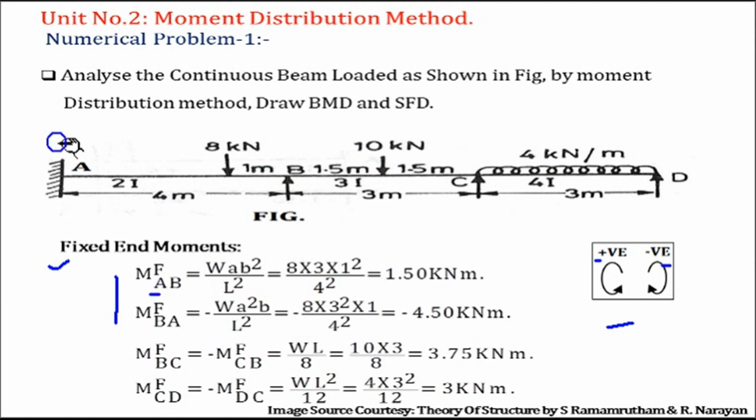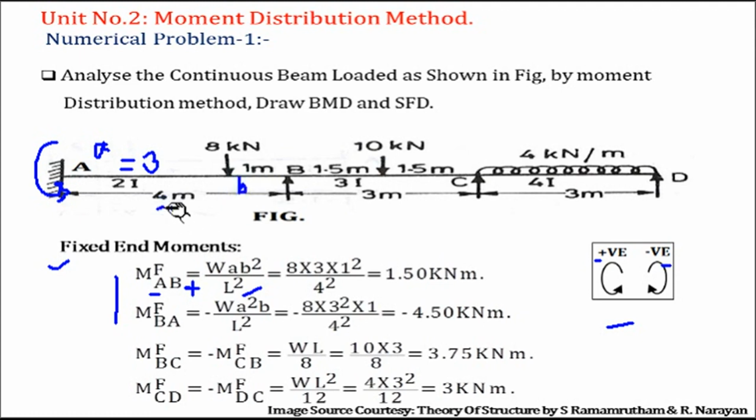So fixed end moment at A is in anticlockwise sense, so positive: W a b square by L square. Because the point load is not symmetrical, it is acting 3 meter from A and 1 meter from B. So let a equal 3 and b equal 1.